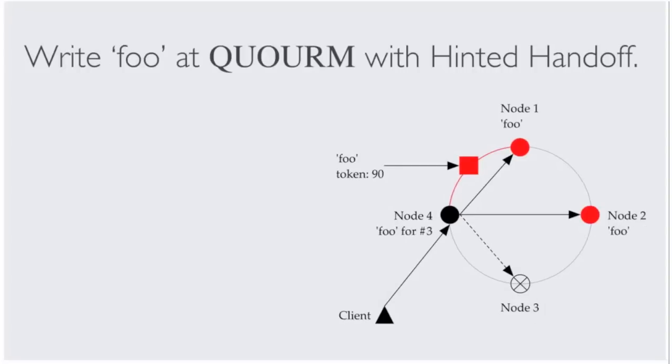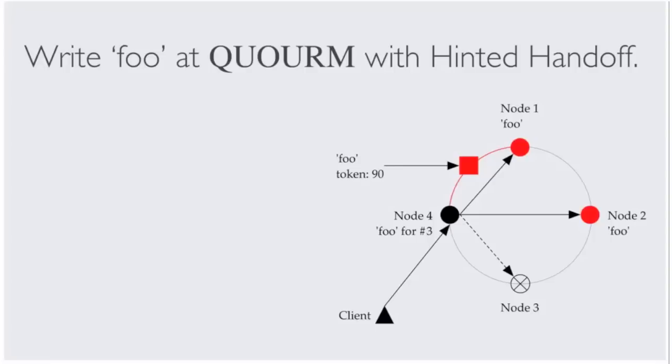So let's say the client asks node 4 to write some data. It looks at its view of the cluster and says, well, nodes 1 and 2 are available, but node 3 is offline. That's okay. I've got 2 replicas I can store this on. I can meet the consistency level that the client has asked me to use. So it goes ahead and does the request and returns back to the client and simply says, I stored this as the minimum number of times that you asked me to do that.